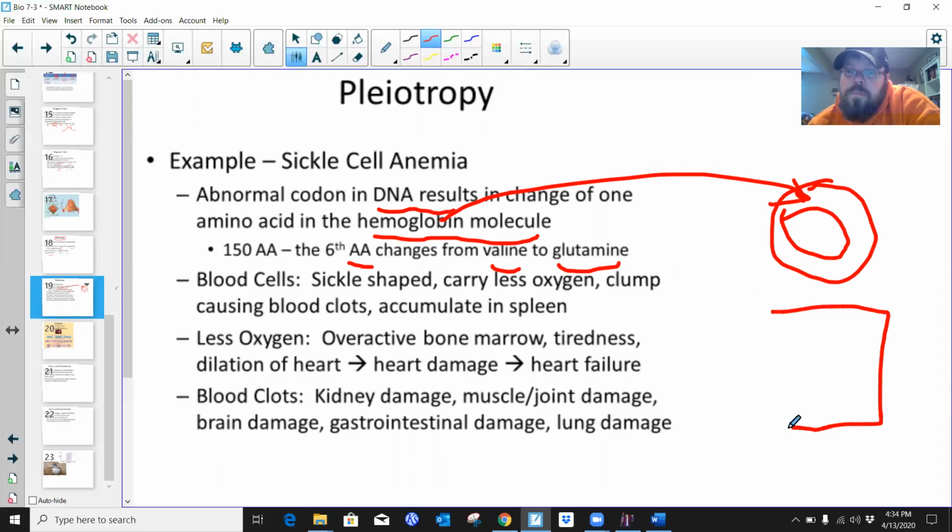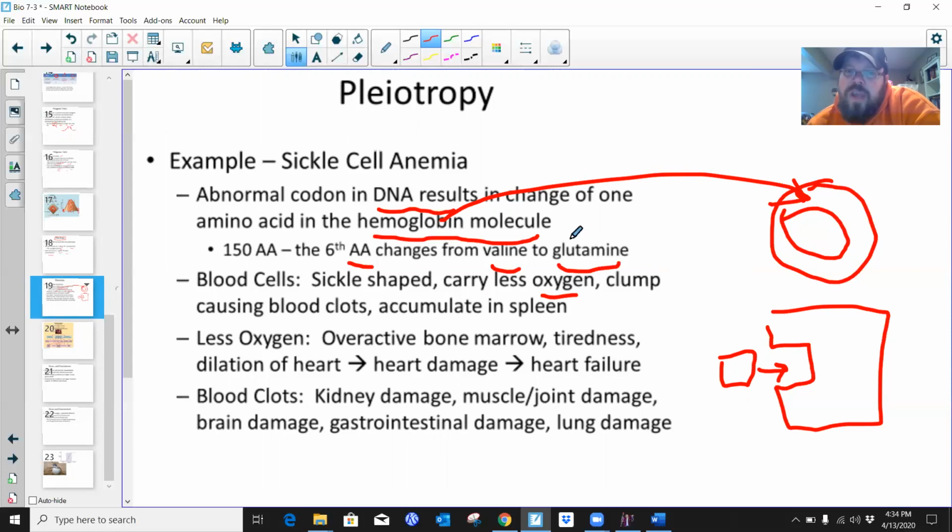And again, remember, think Pac-Man's mouth. Hemoglobin is really good at recognizing and carrying oxygen. Oxygen will fit into that opening within the hemoglobin molecule present within our red blood cells. The red blood cell moves through our bloodstream and transports oxygen to all parts of our bodies.